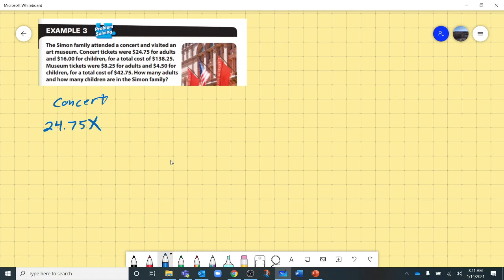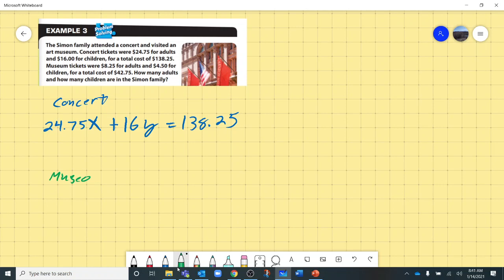Because my writing is not beautiful, I fear that my variables start to look like numbers. Okay, so 24.75x plus $16 per child, and that is going to equal $138.25.